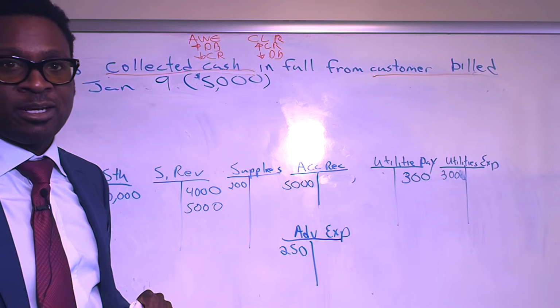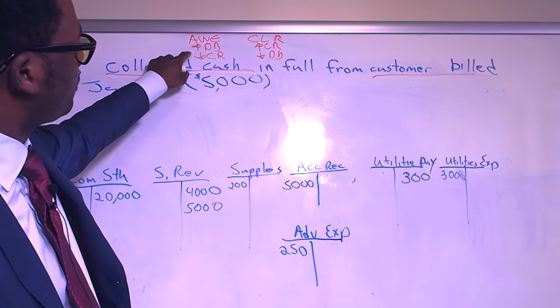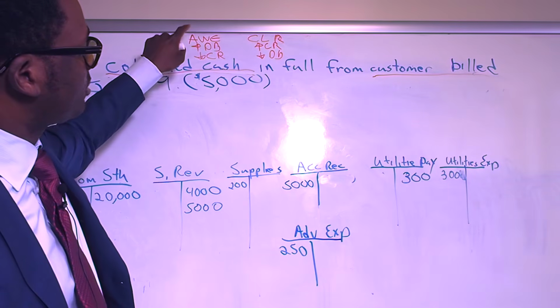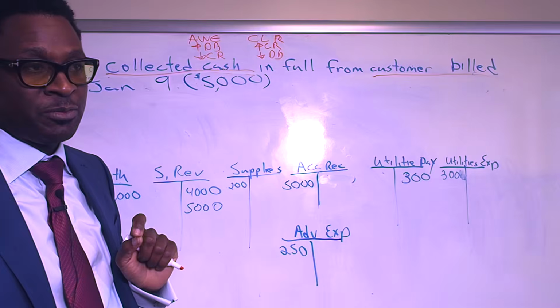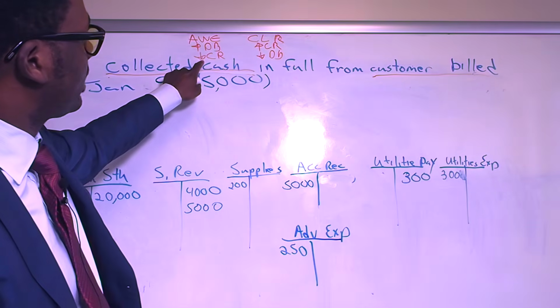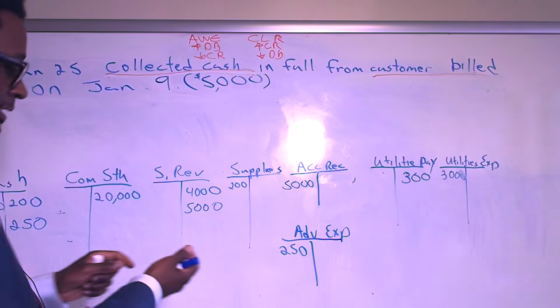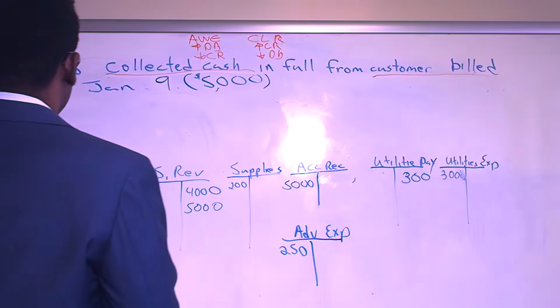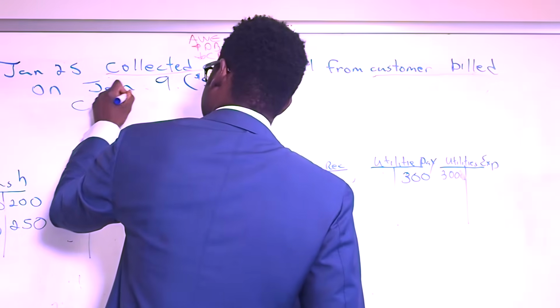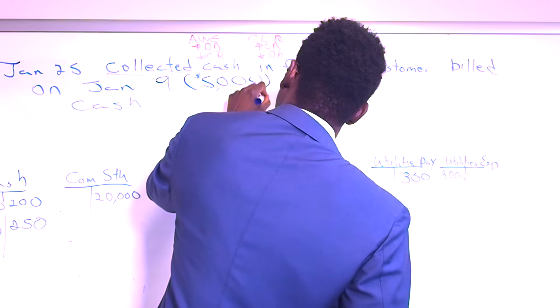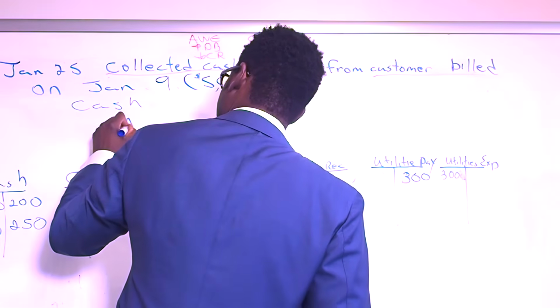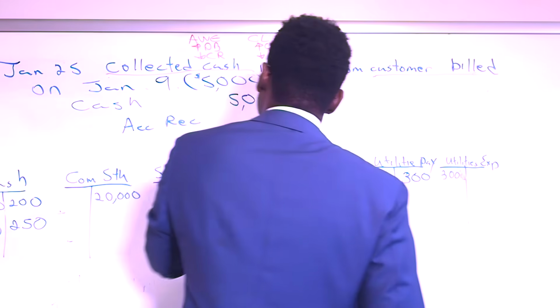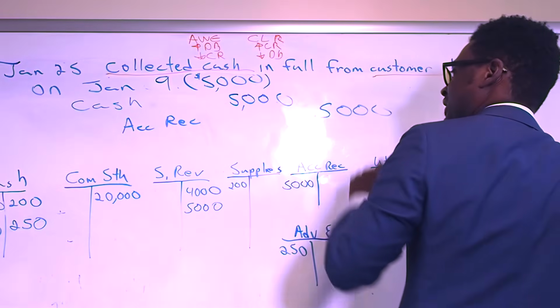So, cash is coming into the business, cash is going up, so therefore we're going to debit cash. And since we collected on an account receivable, that account receivable must go down, which means we're going to credit it. So, we debit cash for $5,000, and we credit accounts receivable for $5,000.